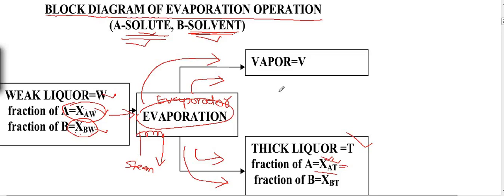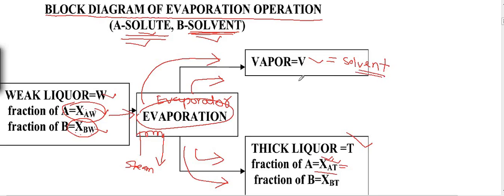So in thick liquor you get solute plus solvent, and in weak liquor solute plus solvent is there. From the top of the evaporator, vapor is removed, and this vapor is nothing but a certain part of the solvent only.